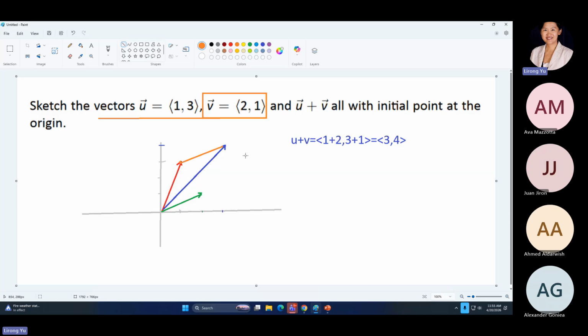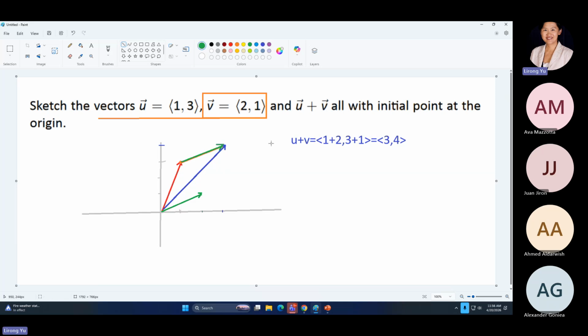So 1 plus 2, 2 units to the right and 1 unit up. Then that's the same as this. So maybe I should use the same color. These two vectors are identical.